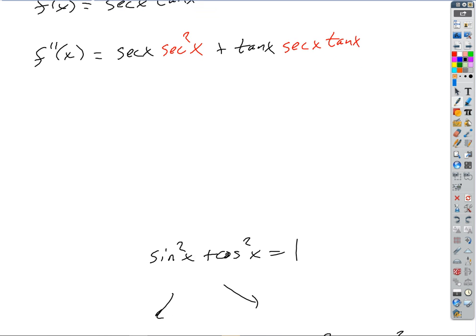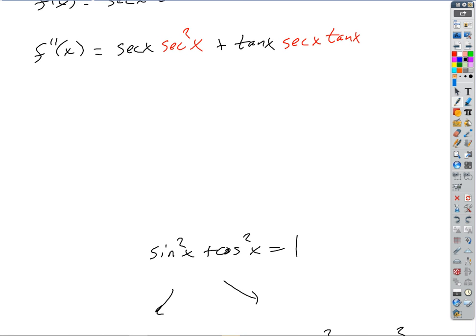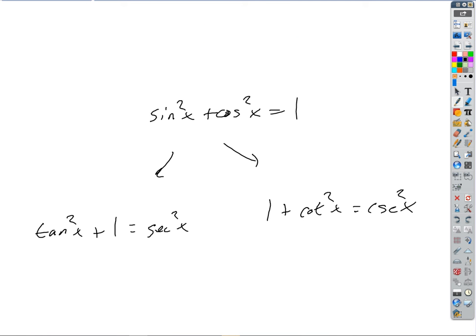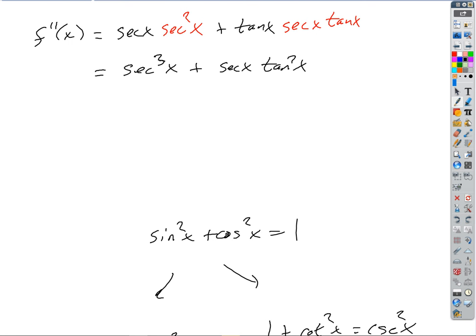And so in this case, if I wanted to rewrite this in a way that was a little easier, I could take this tangent squared. I could write this as secant cubed x plus secant x times tangent squared x. And what's tangent squared x equal to? Secant squared x minus 1. Look what that does then.